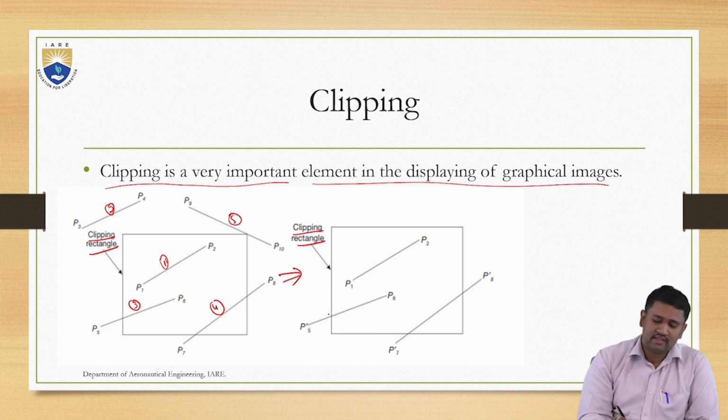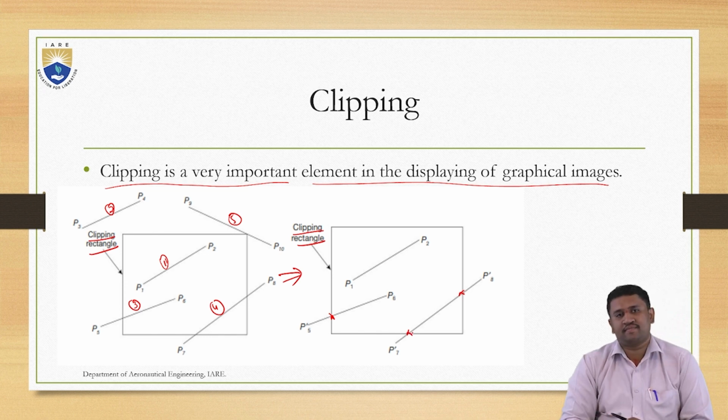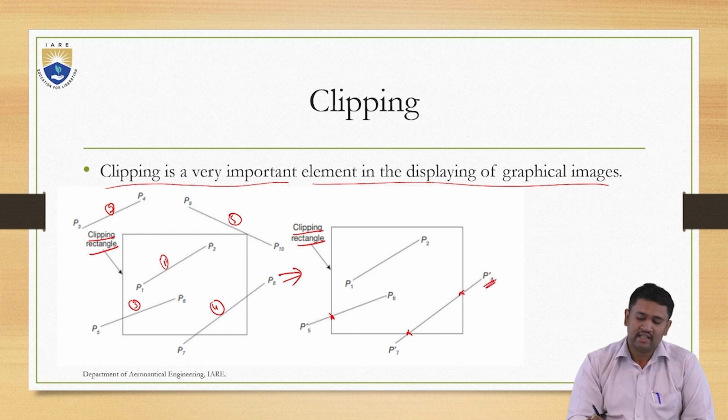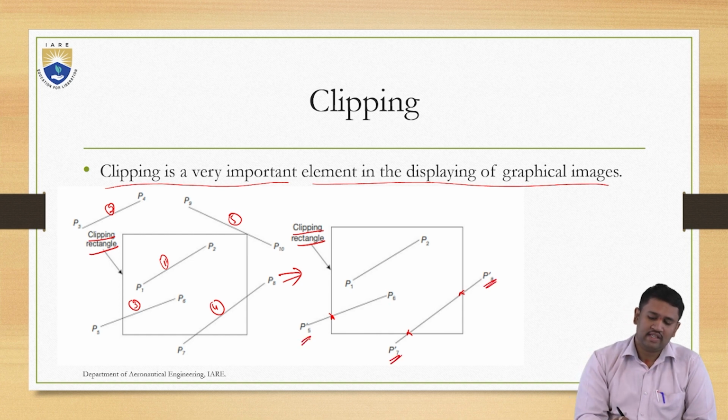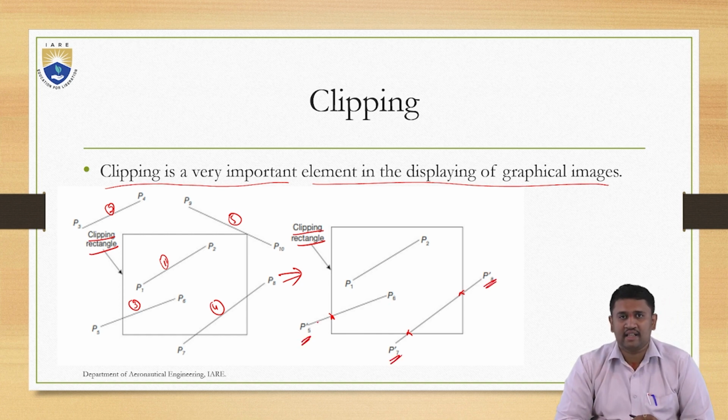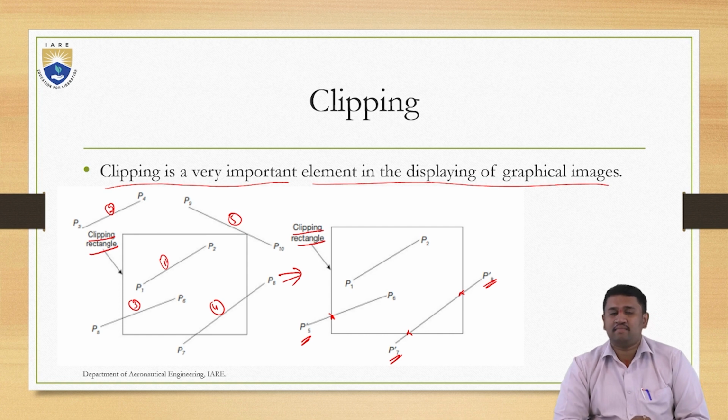Whereas for the others, it takes a few intermediate points. There is data for all the points that are outside the rectangle. These are not being deleted, but they are not shown unless required by the user.